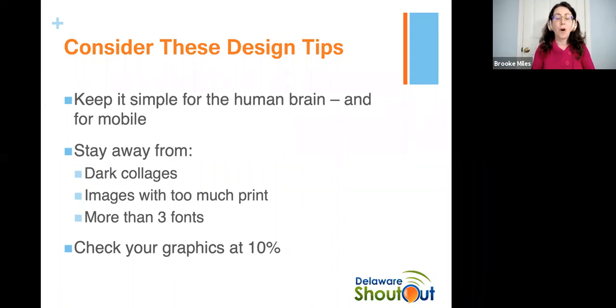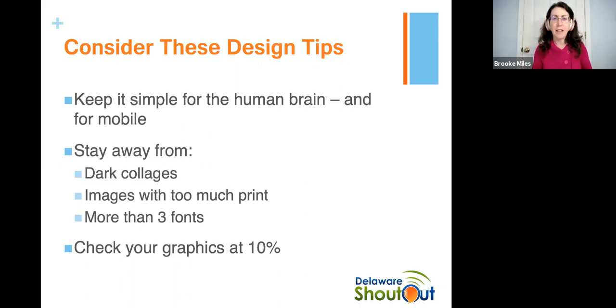So always think about mobile, because I've seen slightly less than half, about half, more than half, but let's say about half-ish people are digesting their social media on their phones. Things to stay away from are dark images, collages, and also dark collages. Collages you would think would be really interesting because it shows all these different elements, but again, it's too much.